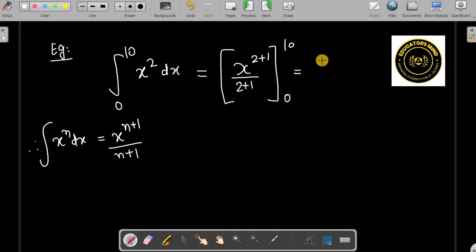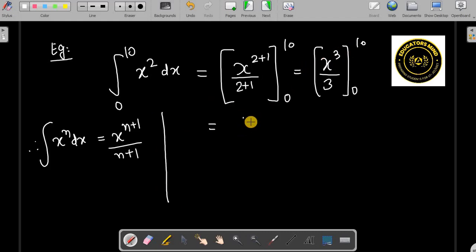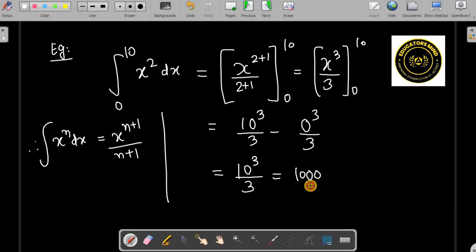So after that, this is of course going to be x cubed by 3, right? From 0 to 10. Now what we have to do is substitute this limit. One time we put the upper limit, 10 cubed by 3, minus next time instead of x we put the lower limit 0. So finally you will get 10 cubed by 3, or 1000 by 3. This will be the answer.